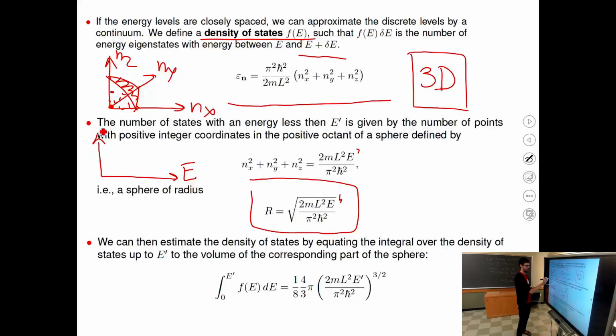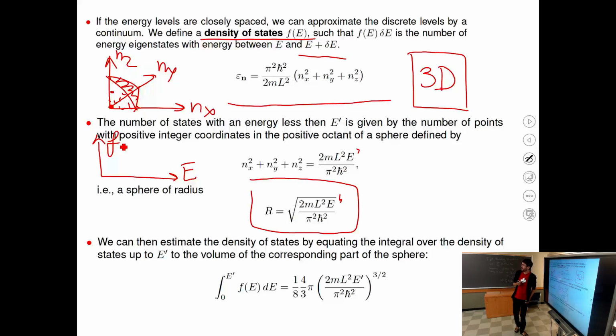Then you will see that there will be very few states around low energy, and there will be a lot more states at higher energies. As we go out towards the surface of the sphere, all the states on the surface have the same energy. So there will be more and more states as we go out. So there is this very important function, which is the density of states. More and more states at higher and higher energy.